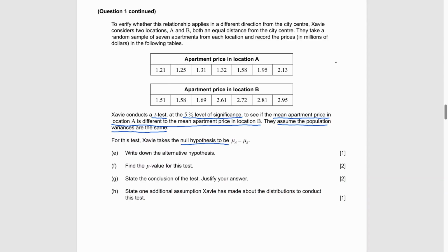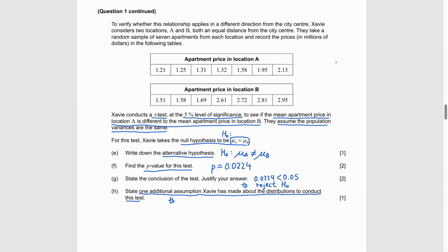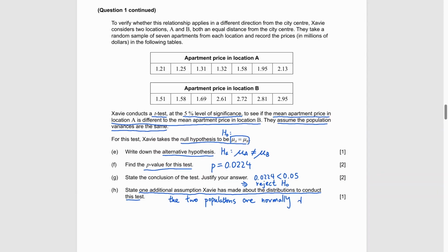The null hypothesis is mu A equals mu B, and the alternative hypothesis is mu A not equal to mu B. Using the calculator, the p-value is 0.0224. Since this is smaller than 0.05, we reject the null hypothesis. One extra assumption we must state is that both populations are normally distributed.